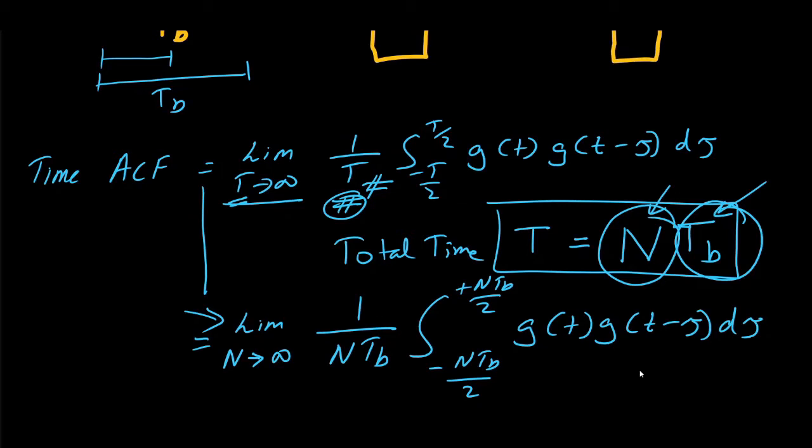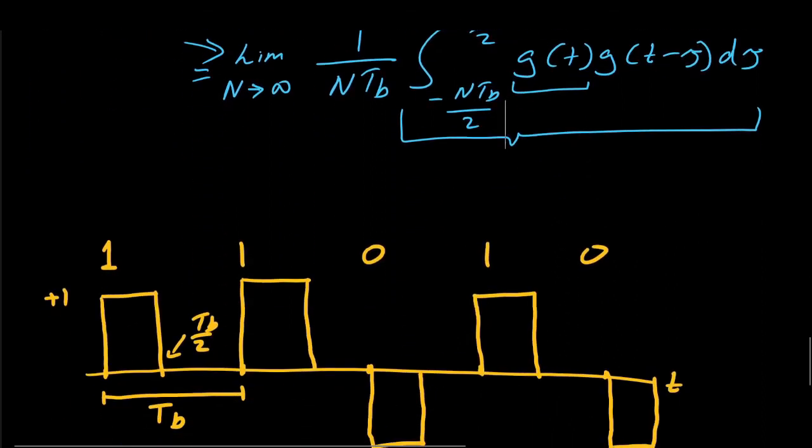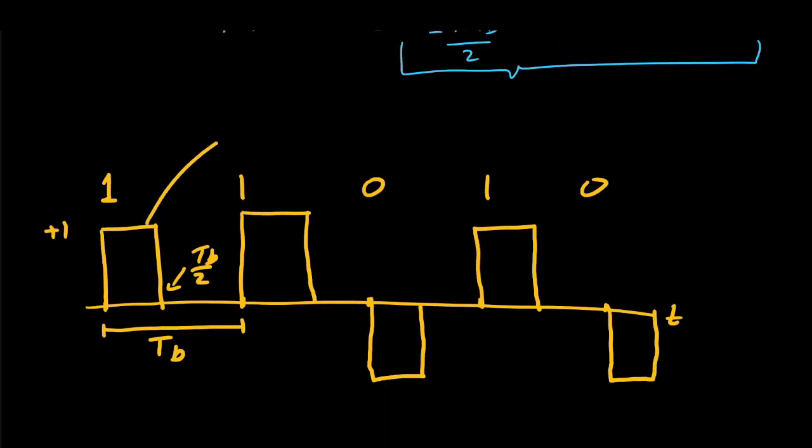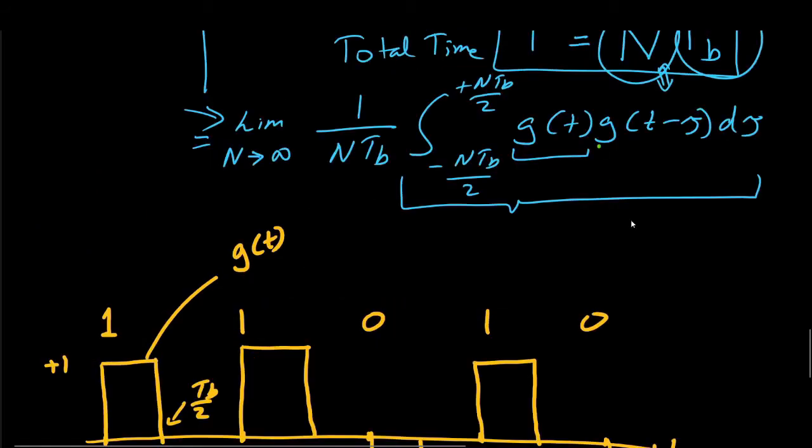The more bits there are, if it is infinity, the total time would be infinity. In this autocorrelation function, as the next step, we need to solve this integral. In order to solve this integral, let us redraw this g of t. This yellow signal is our g of t. Now we denote the delayed version of it by a green signal.